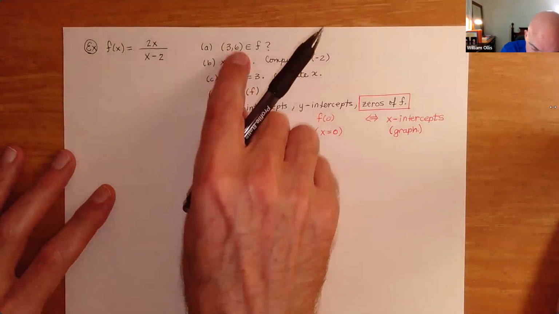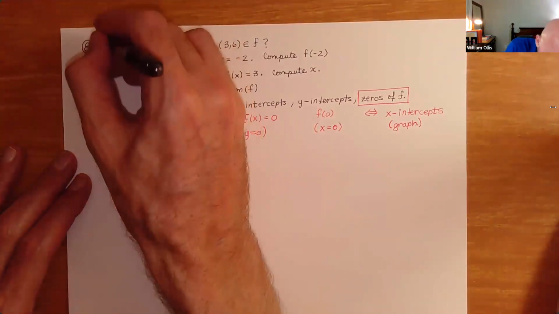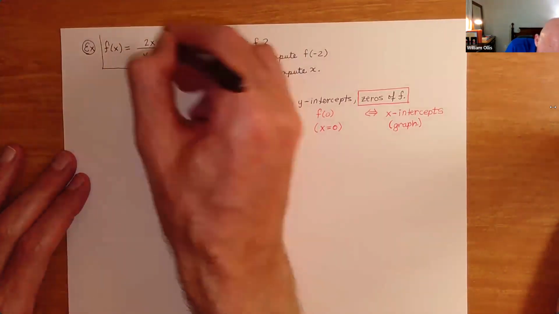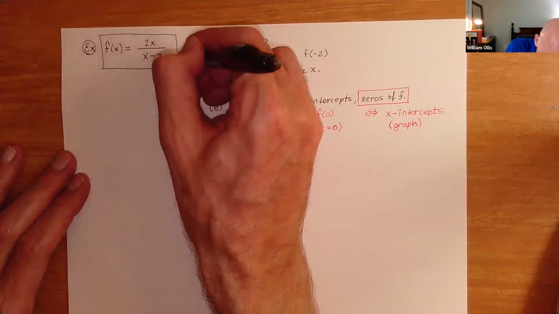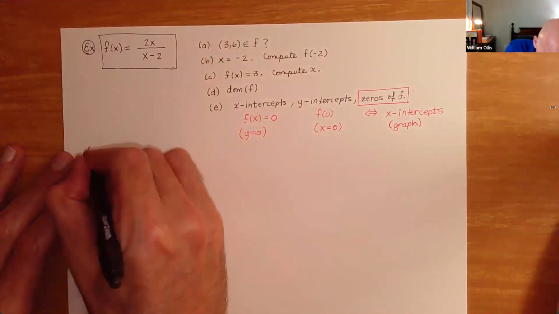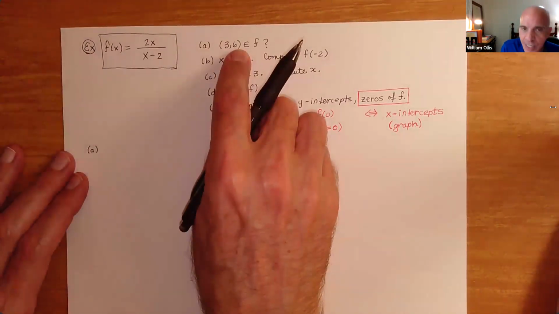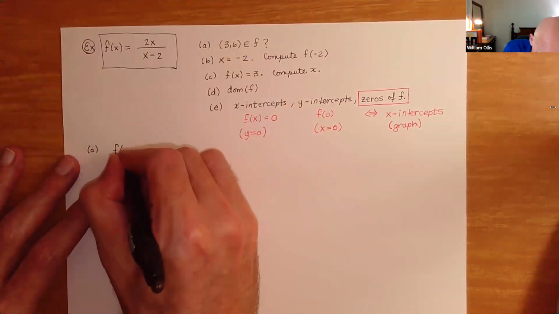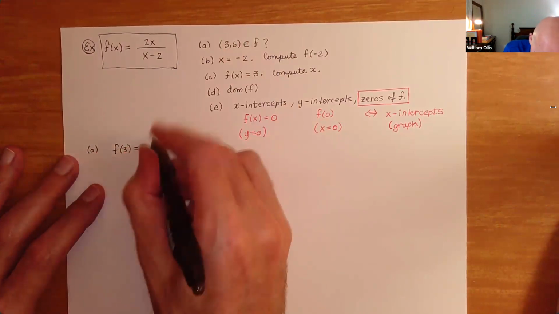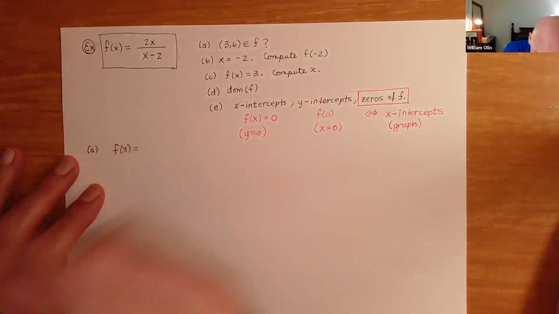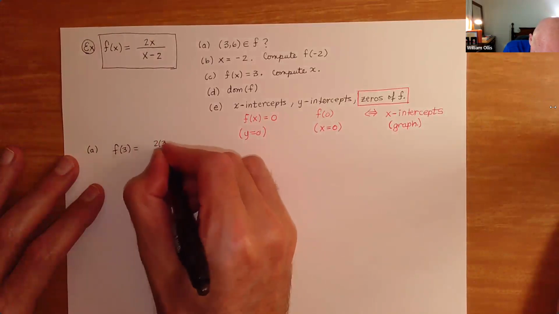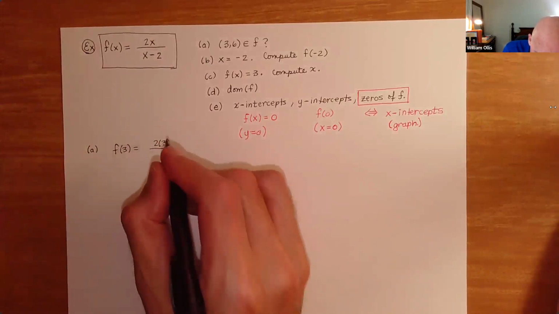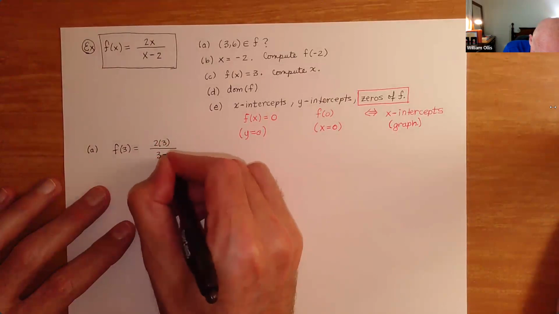Now, notice for A, we've got this function right here, f of x equals 2x divided by x minus 2. So for A, we just want to check to see, is this an element of the function? That is, let's check out what f of 3 is. Very basic. So we'll just replace x with 3. So we have 2 times 3 divided by 3 minus 2.